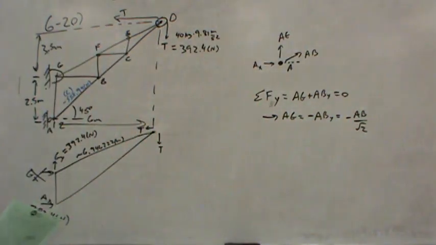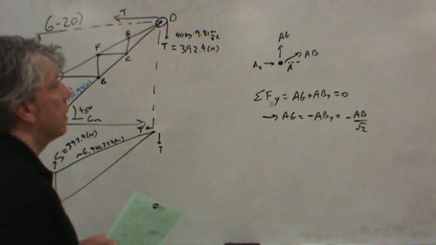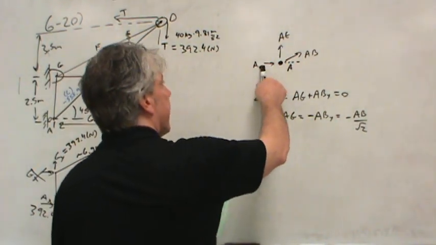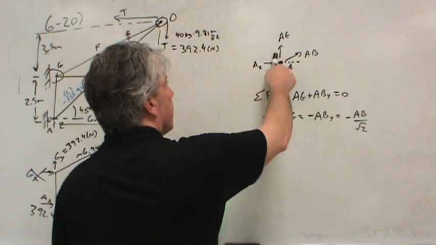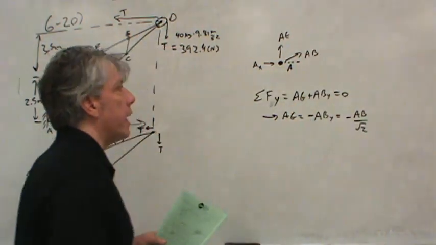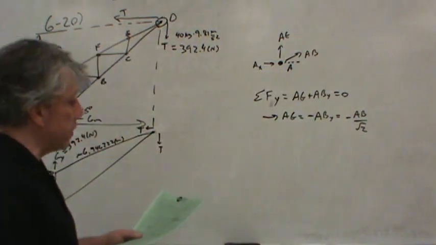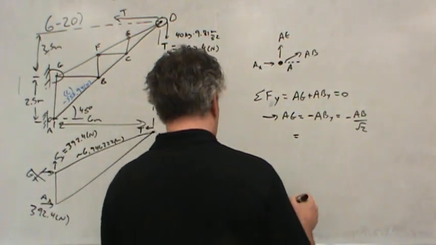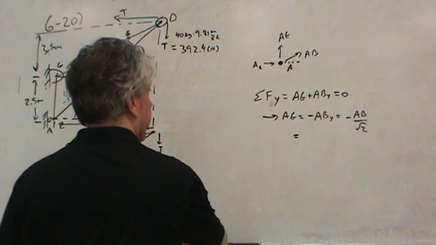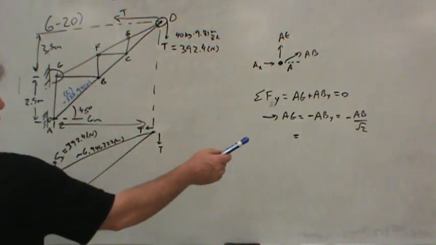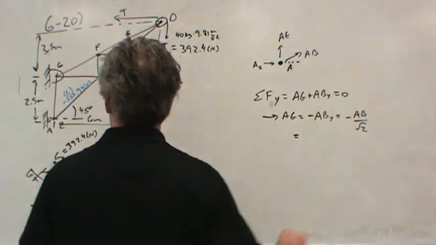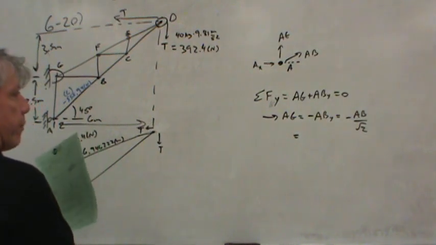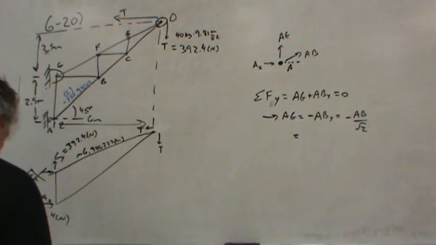Not surprisingly, AG comes out to be the same magnitude as AX because these two forces add into AB, and AB is at a 45-degree angle. So AG comes out to, well, let's put it over here on the diagram. Remember, AB is a negative number, so if you plug in negative 555.94 over root 2, we get back what we kind of started with early on.